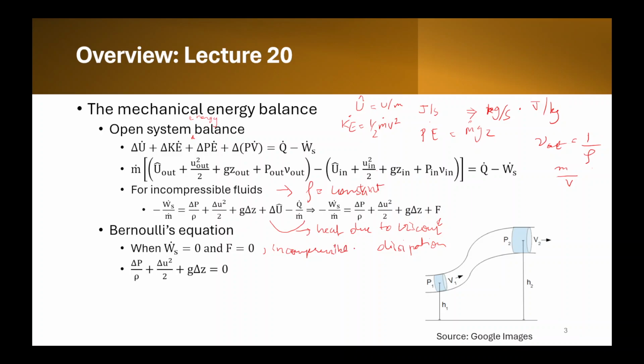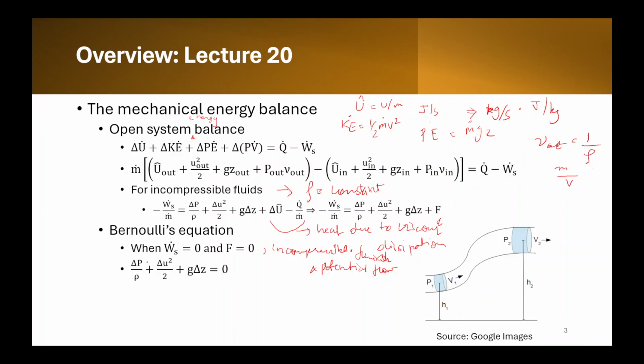Fluids can be liquid or gas as well. So it is for incompressible fluids and potential flow. Potential flow is one where the heat due to viscous dissipation is zero, it is along the streamlines, and there is no rotational motion.